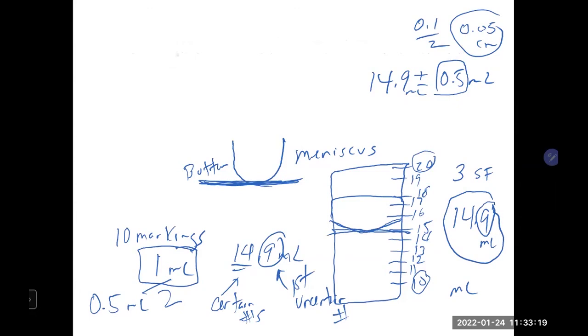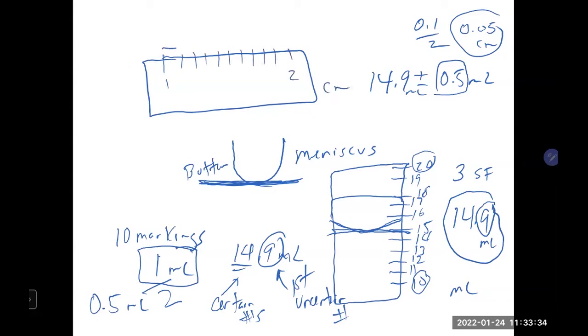Let's just say we had something which was dead on that mark. So if we look at this, again, we have 1 and 2 centimeters. We have 10 markings between the two. So the smallest marking is 0.1 centimeters.